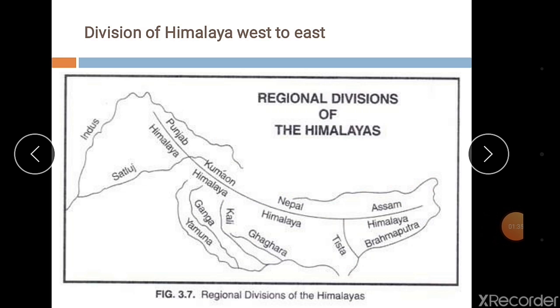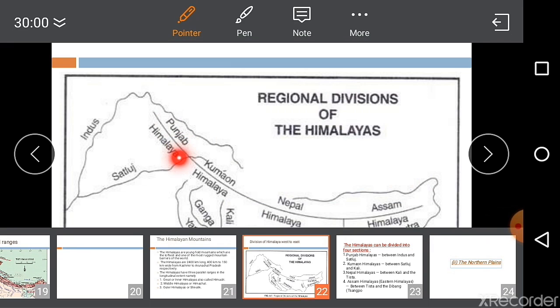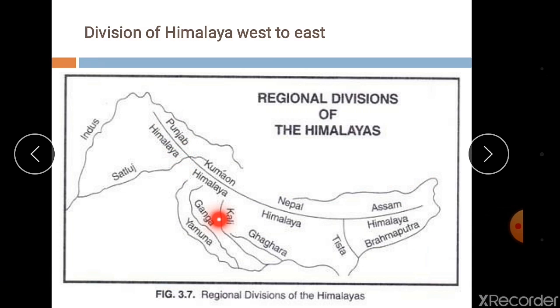The part of the Himalayas lying between Indus and Satluj has traditionally been known as the Punjab Himalaya, but it is also known regionally as the Kashmir and Himachal Himalaya from west to east respectively. The part of the Himalayas lying between Satluj and Kali, the river Satluj is here and Kali, in between this part is called Kumaun Himalaya.